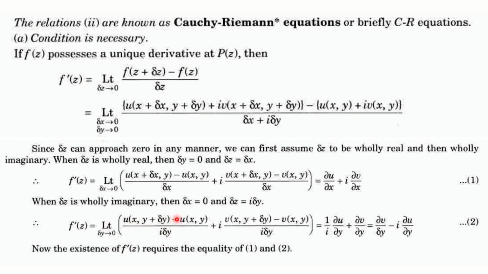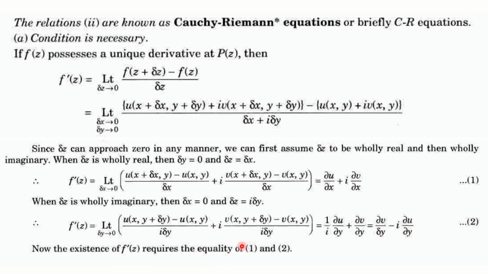Wherever you have delta x, you would substitute 0, and this entire equation would turn out to be 1 by iota into del u by del y and so on. So this would be equal to del v by del y minus i del u by del y. This simplification is because I've multiplied and divided by iota in this first term, so this ends up giving this equation.